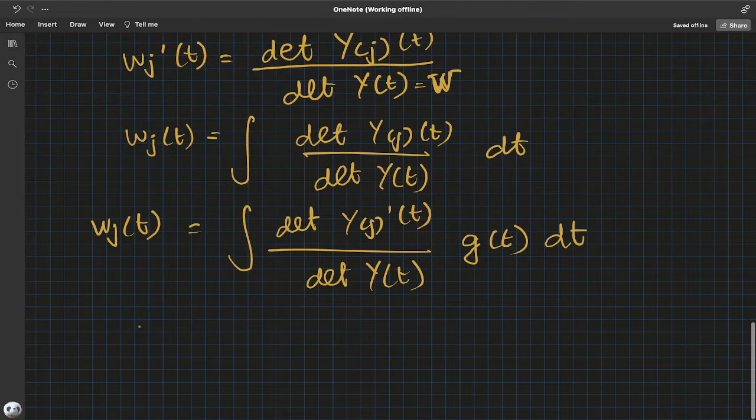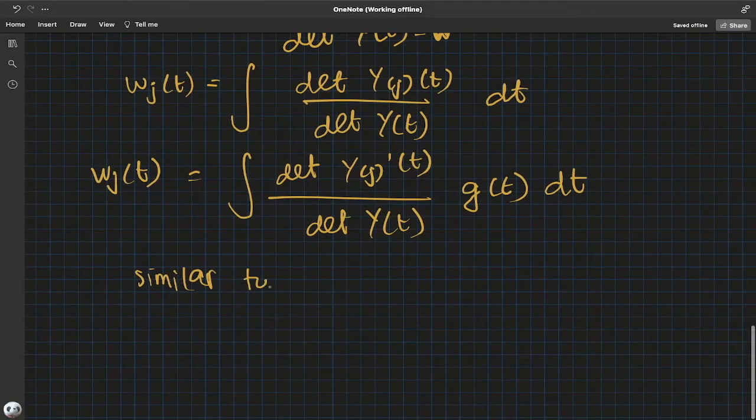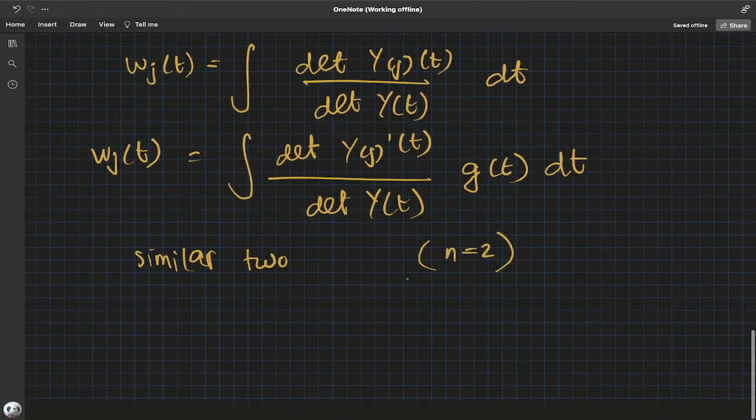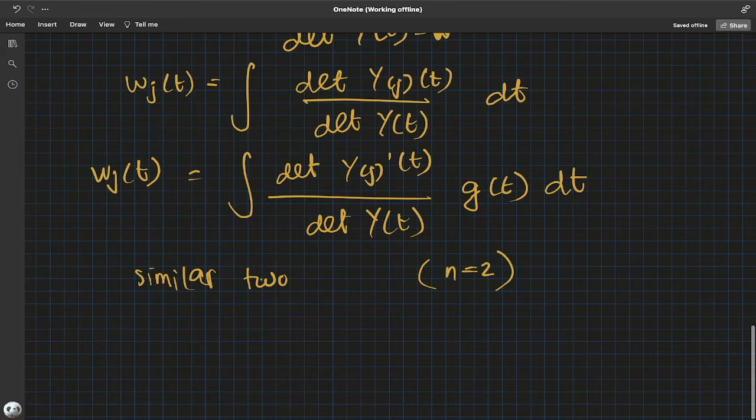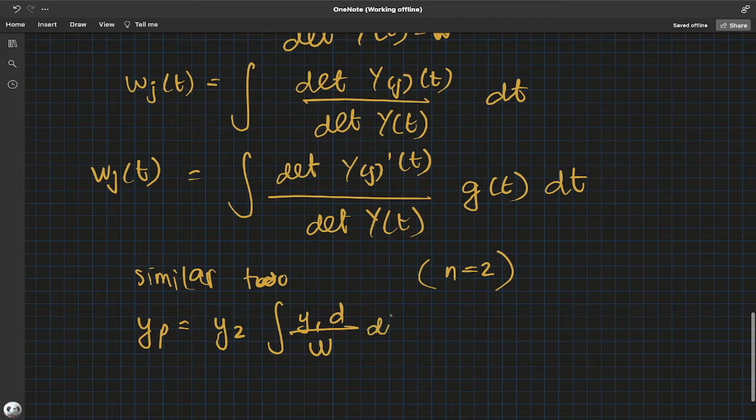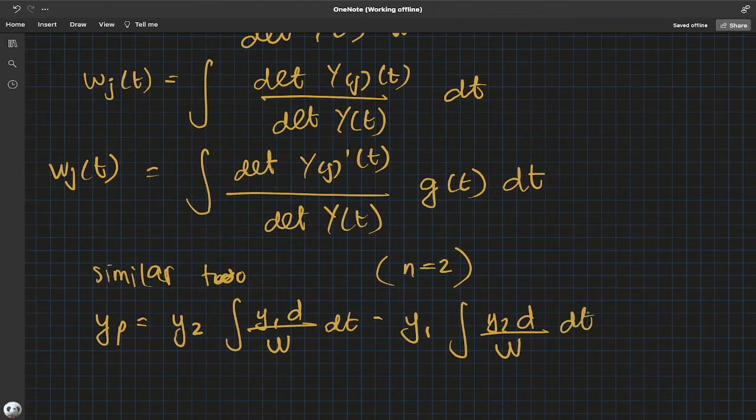One thing to note is this form, it looks similar to the simple n equals 2 case, the second order linear differential equation case. So where the particular solution was y2 integral y1 driving function over Wronskian dt minus y1 integral y2 driving function over Wronskian dt.